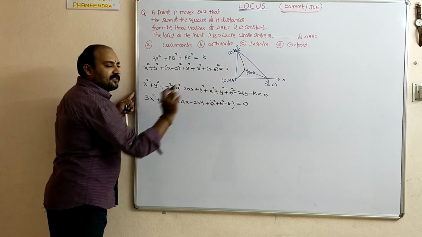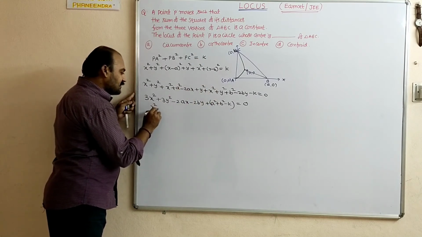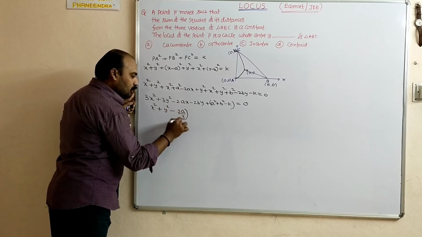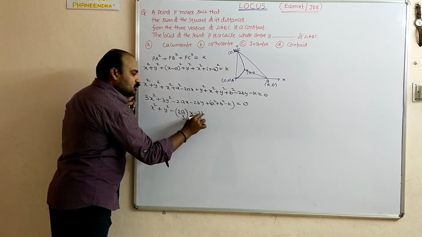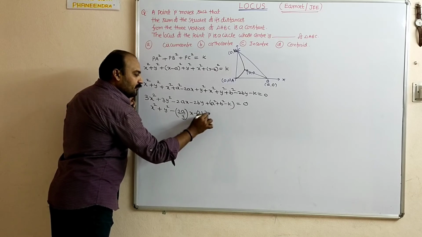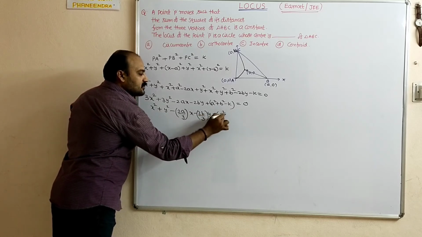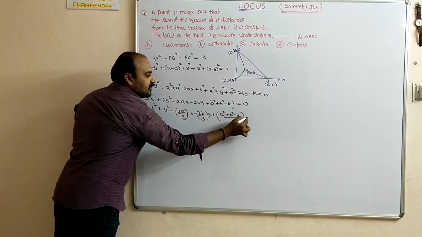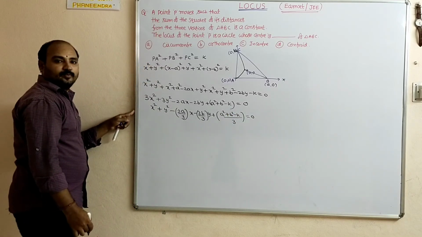So dividing by 3, it becomes x square plus y square minus (2a by 3) x minus (2b by 3) y plus (a square plus b square minus k) divided by 3 is equal to 0.